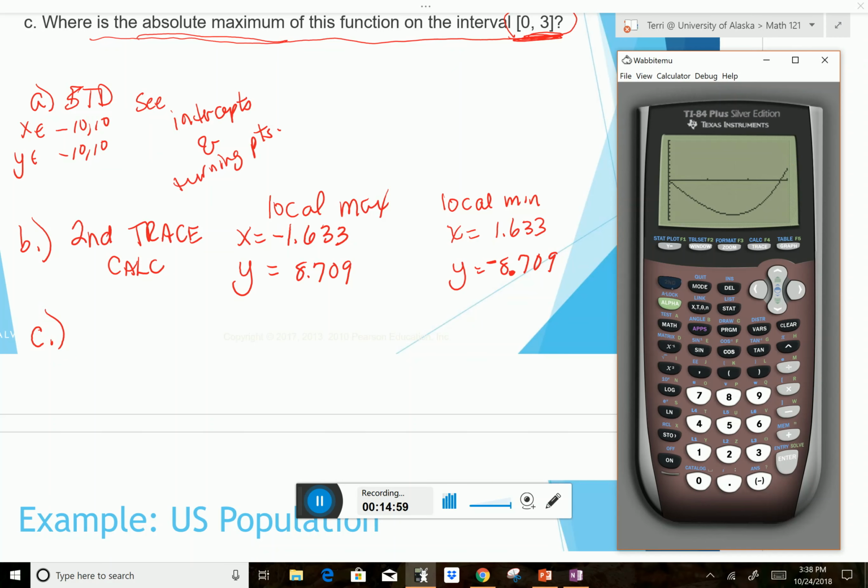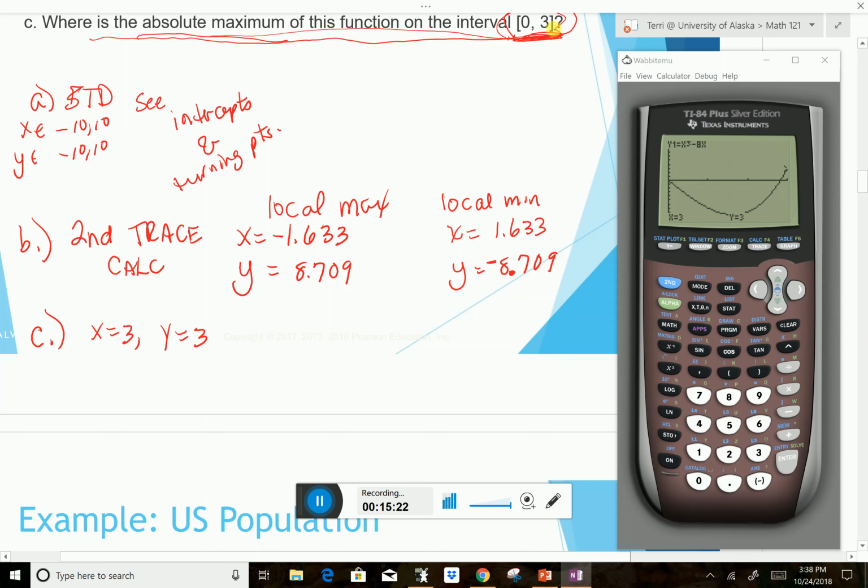So all I'm going to do is tell it, give me the value x equals 3, and it says that y equals 3. So it's at x equals 3, y equals 3. That's the maximum of the function on this interval. So I'm only looking at this piece of the function.